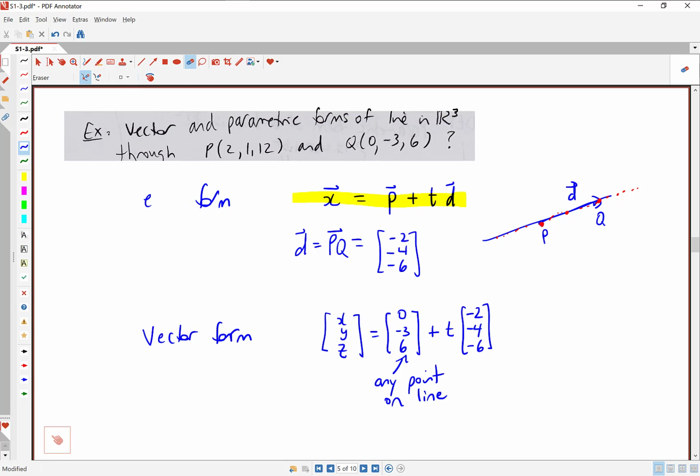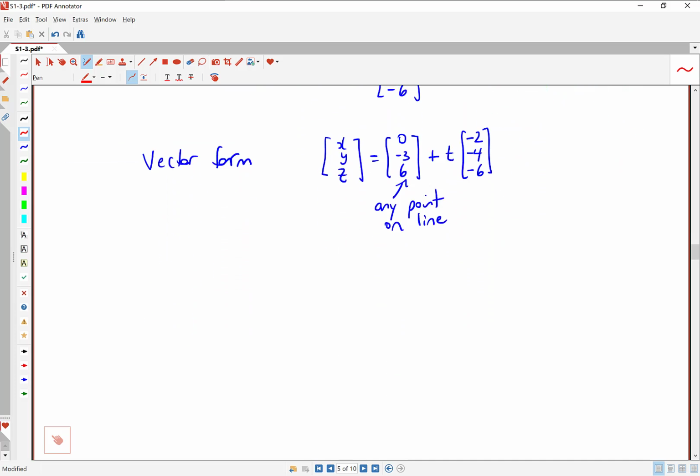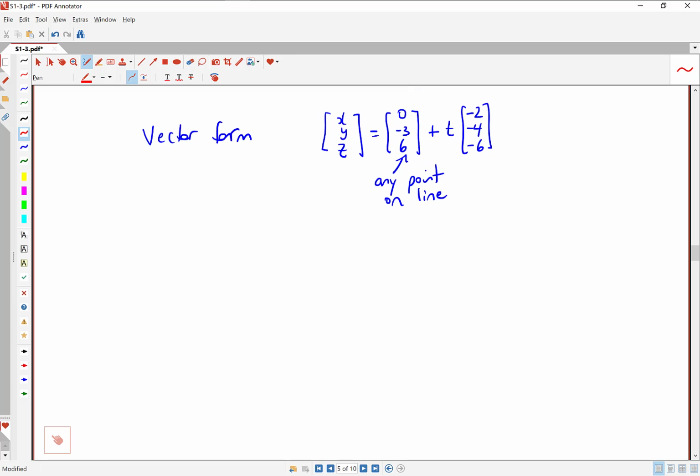Remember that the question is asking us to do 2 things: we want both the vector and the parametric form for this line. To get parametric, we're just going to expand. Let's do some details here. We'll work on the right side. First thing we can do, bring the t into the second vector: -2t, -4t, -6t.